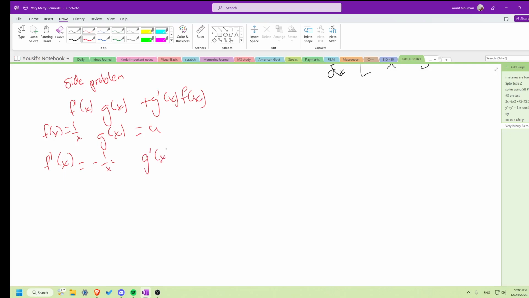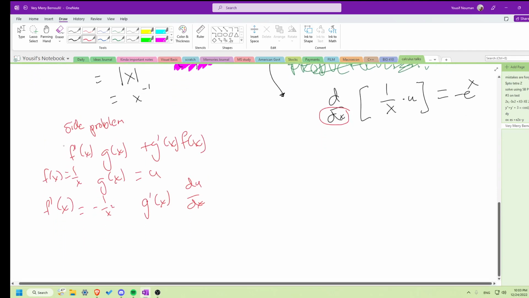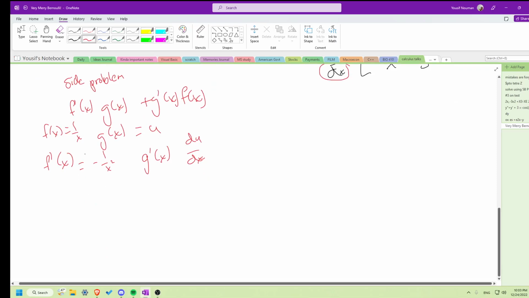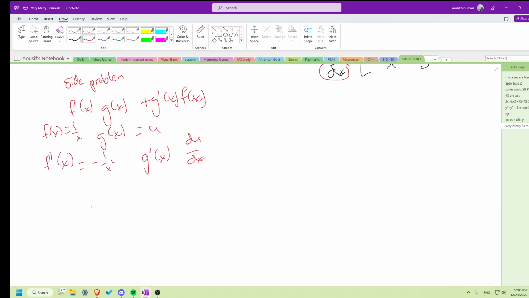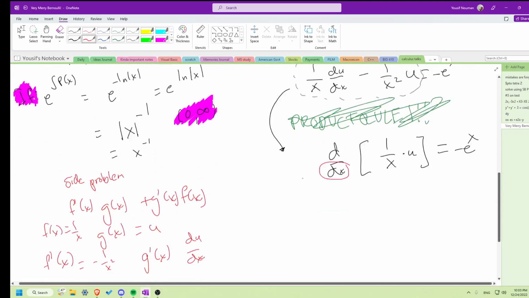And g prime of x is simply du/dx, because we're doing the whole thing with respect to x. So using this formula, what do you get, guys? We get negative 1 over x squared u plus 1 over x du/dx. I see a similarity.